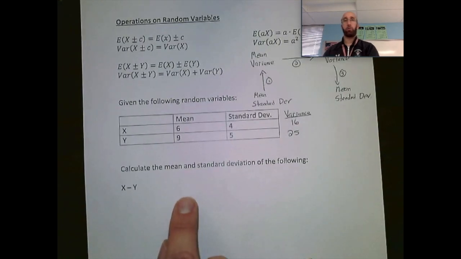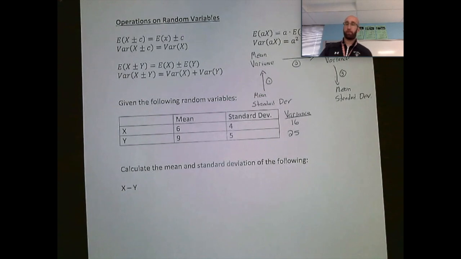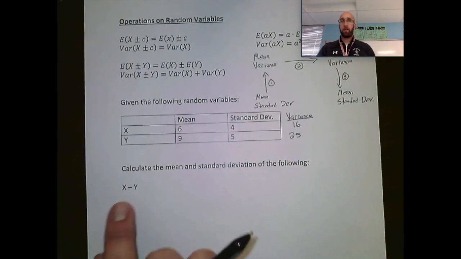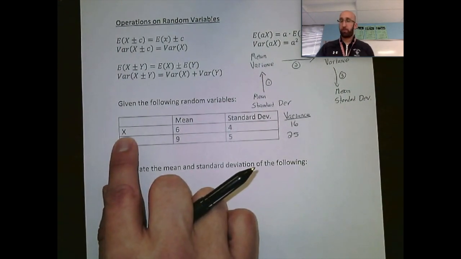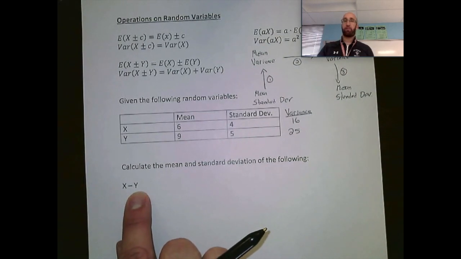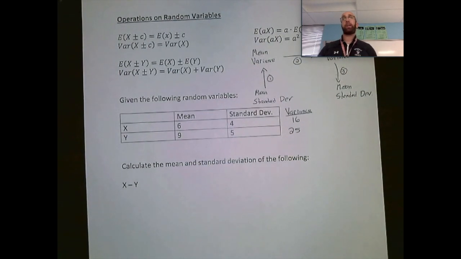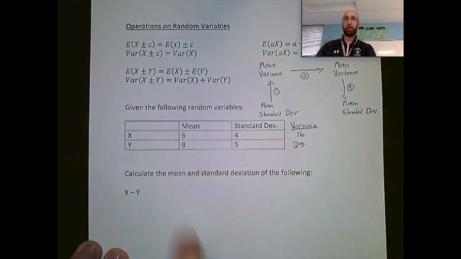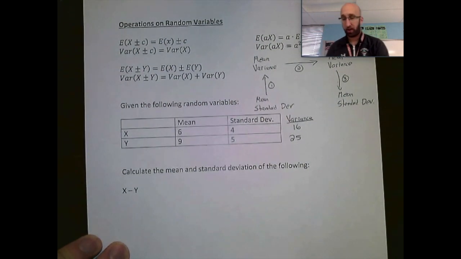Okay. So what we want to do is calculate the mean and the standard deviation of the following. If I take my random variable x and subtract off my random variable y, what is my new mean and my new standard deviation? We're going to skip recreating a probability model and going through those long formulas. We're instead going to use these operations up top to speed the process up.